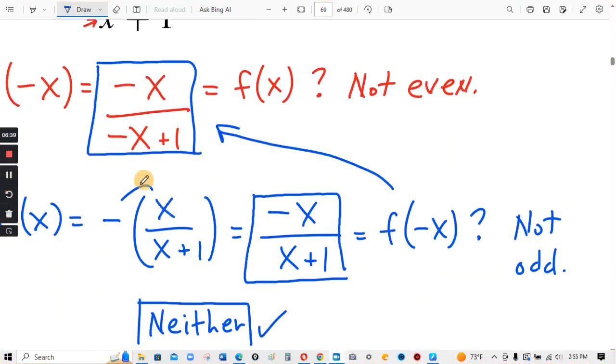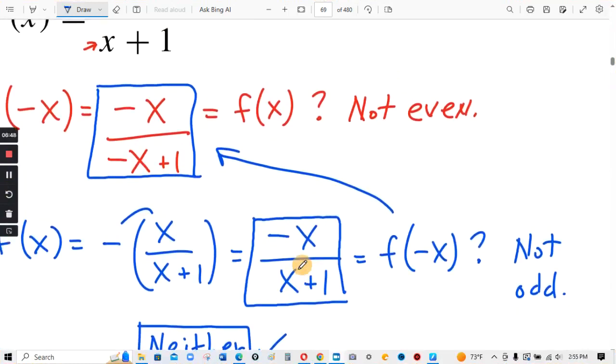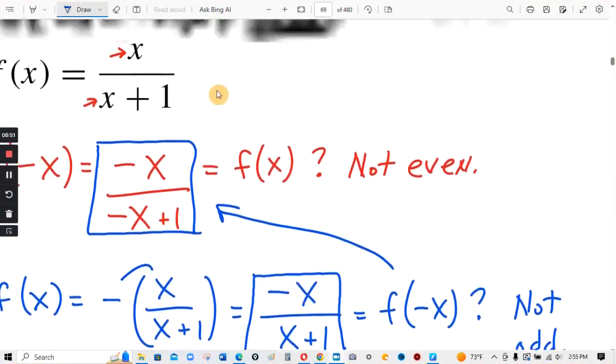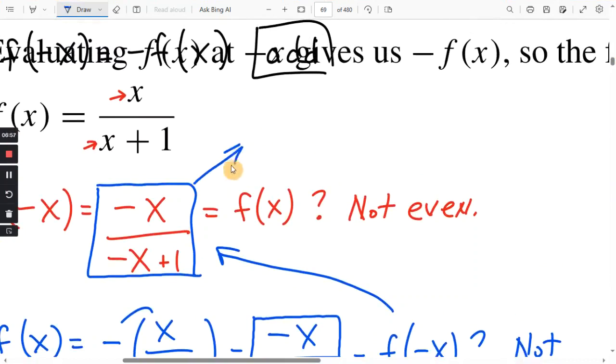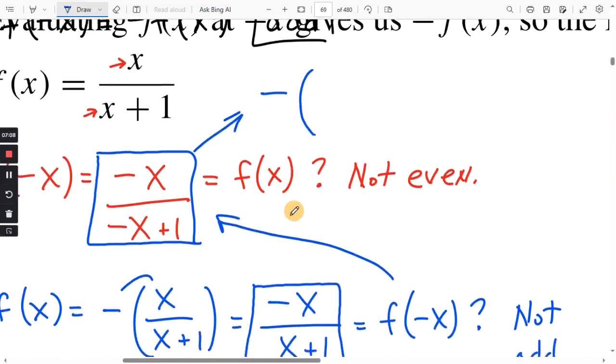All right, generally speaking, when you distribute a negative sign to a fraction, it goes to the numerator. Okay, and right here, even if we wrote this one in a different form, let's say you factored out a negative sign, and that means you would change the sign on the numerator, and this would be a positive x divided by, instead of negative x plus 1, it should really say 1 minus x.